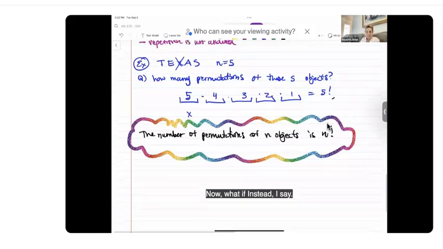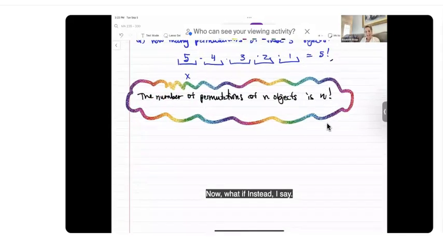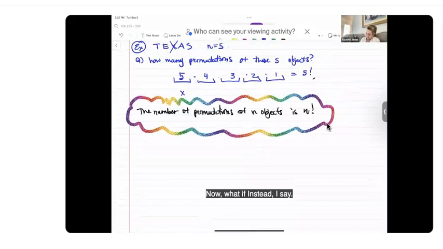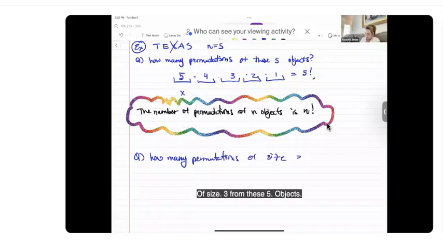Now, what if instead I say how many permutations of size 3 from these 5 objects?